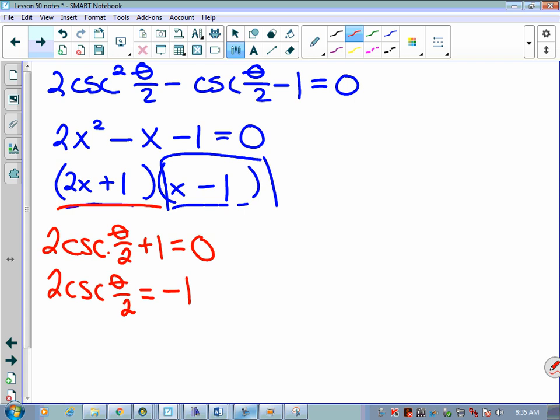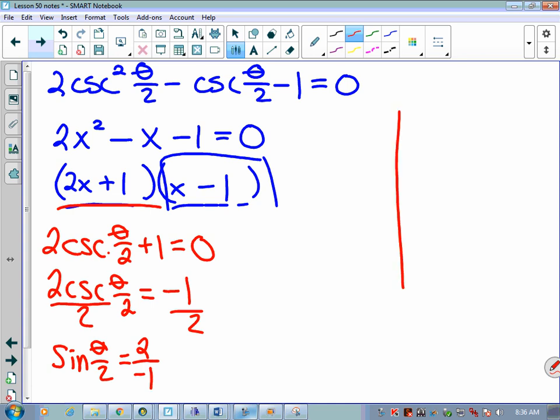First off, I believe the next thing we need to do is divide by 2. Right? Essentially here we would say sine theta over 2 equals the reciprocal of that, so it would be what? Let's see. 2 over negative 1.